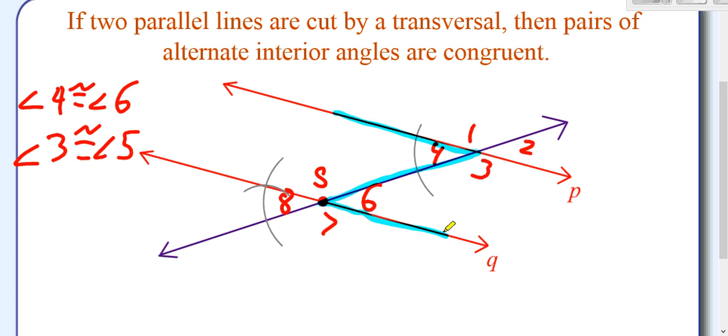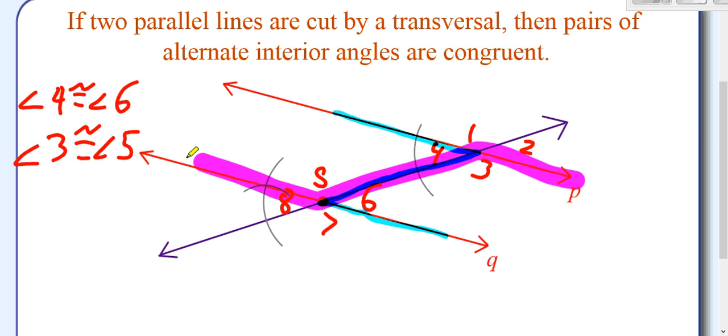So alternate interior angles always make a Z. When you trace out the two angles at the same time, it makes a Z. Sometimes it's a little bit weird, but sometimes like 3 and 5, those are also alternate interior angles. It's kind of a weird looking backwards Z, but I'll still take it. If you use your imagination, it's still a Z.